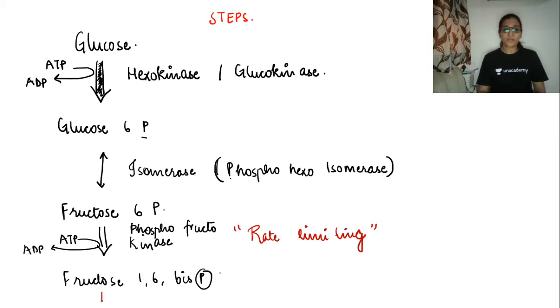From fructose 1,6-bisphosphate, there will be 2 products that we will see on the next page: dihydroxyacetone phosphate and glyceraldehyde.